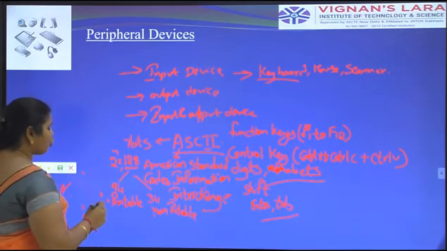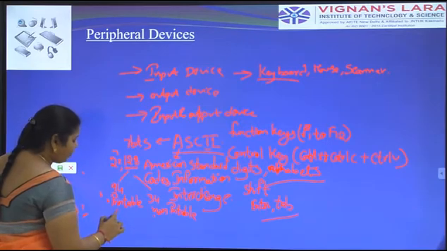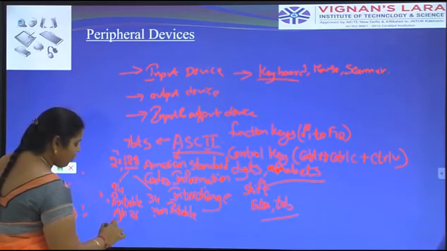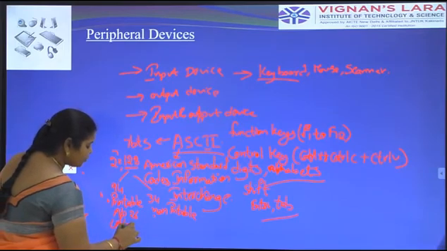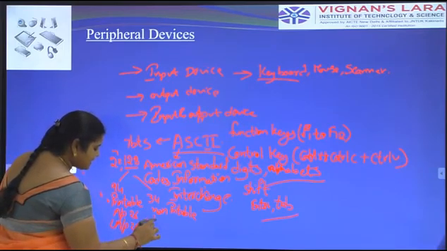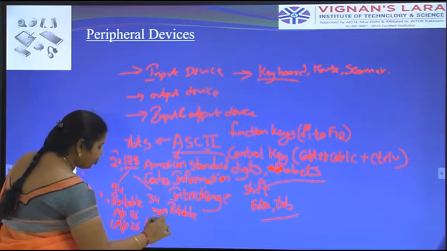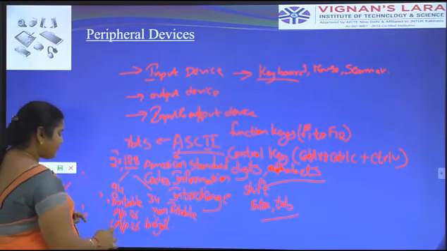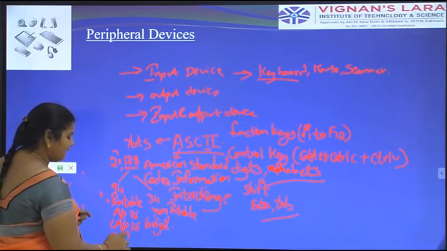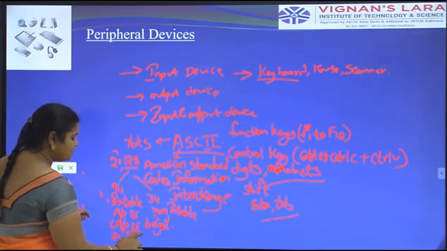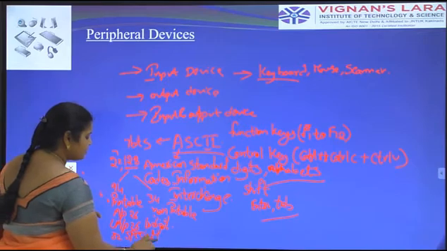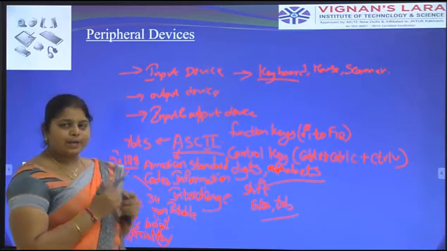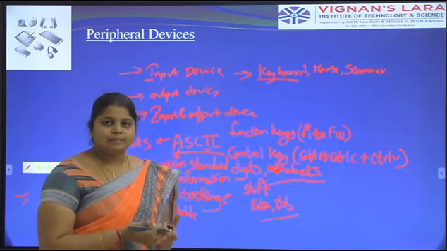Here, the 94 printable keys contain alphabets: 26 uppercase and 26 lowercase, 10 digits, and 32 other special symbol keys, totally 94. Whatever data you give to the computer is printable.